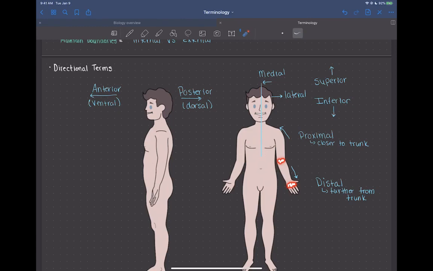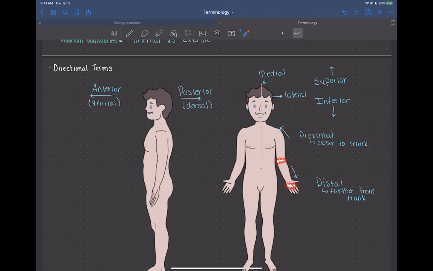If I asked you to compare those two, you might look at this and automatically think the palm is inferior because it's below the crease of the elbow.